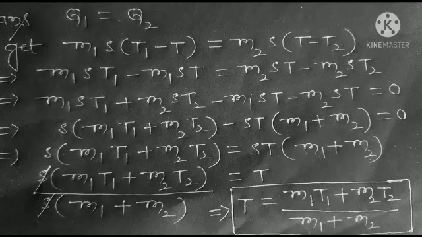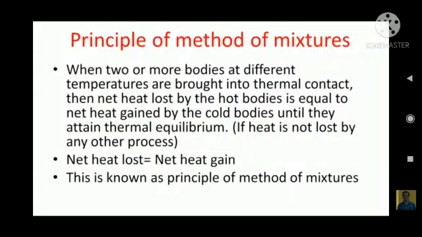When we mix any two liquids of different temperatures, we get an intermediate temperature for the mixture. If there is no loss of heat, then the heat lost by the hot body will be equal to the heat gained by the cold body. This is the principle of the method of mixtures. I hope you have understood.